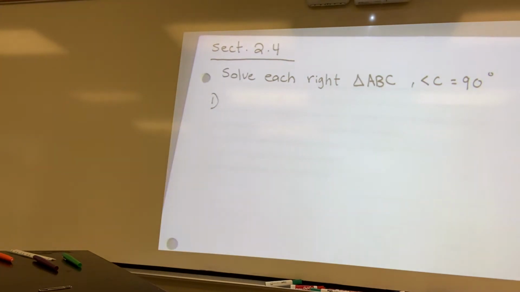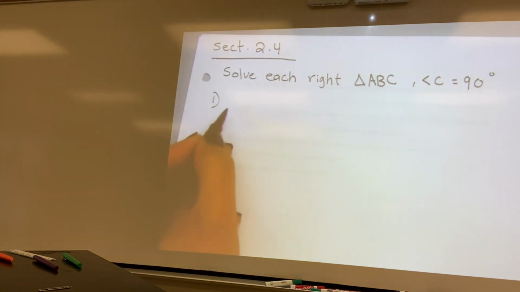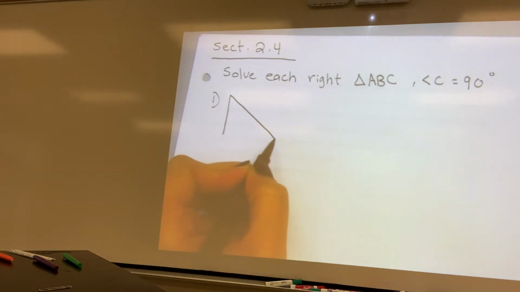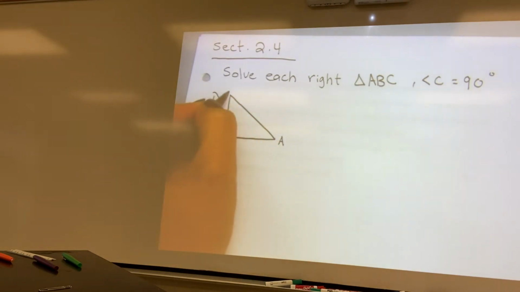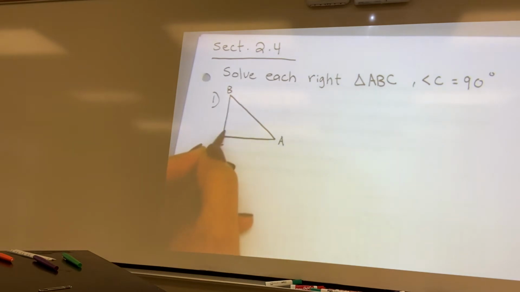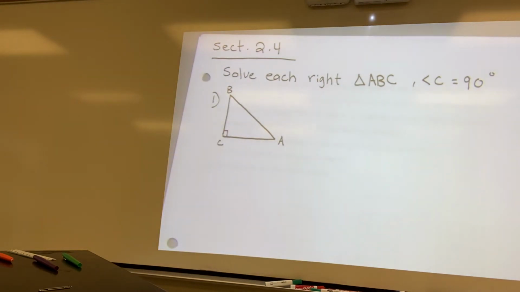that I have a right triangle, and here is angle C. So this is A, B, and C. C is the right angle, sorry.